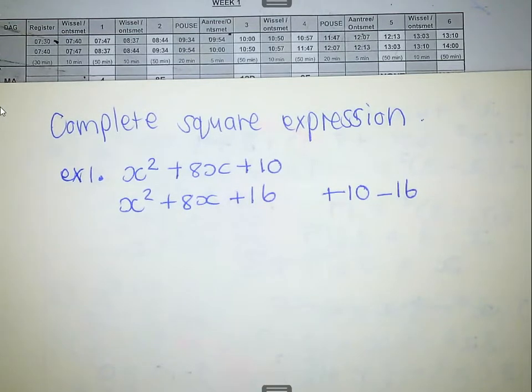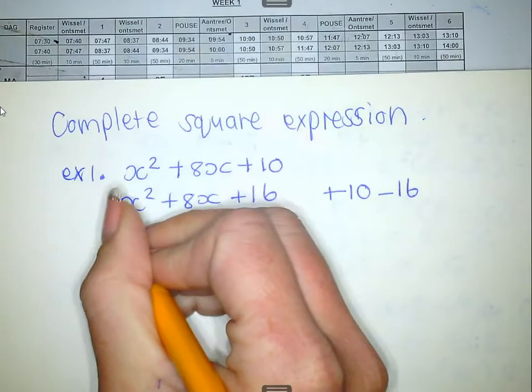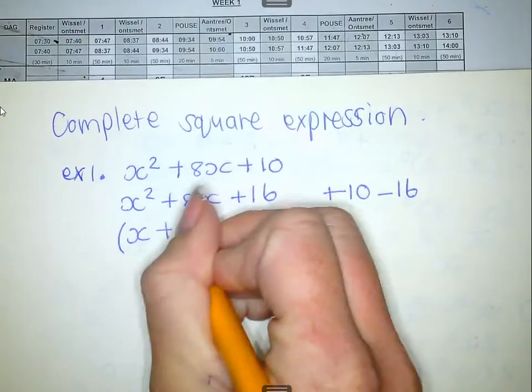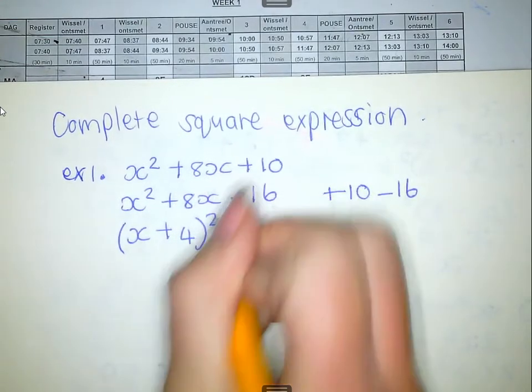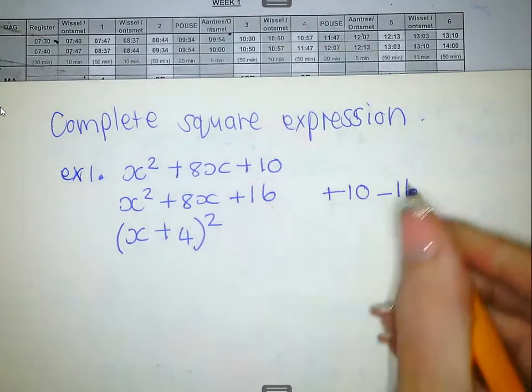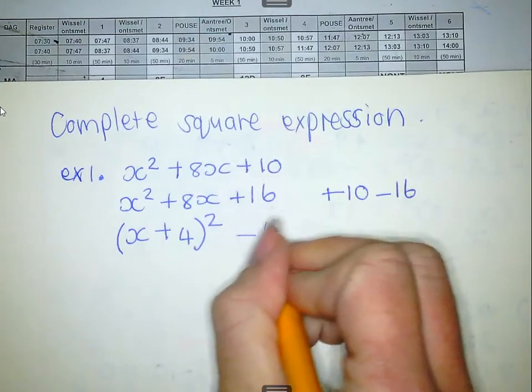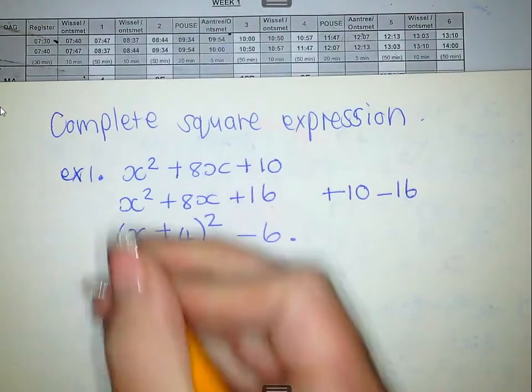Now the only thing that we're going to do differently with an expression than with an equation, so we're still going to write this, square root it, that one sign, that one square root, close the bracket, square. And we are going to calculate that answer. It's going to be minus 6. And then we are done.